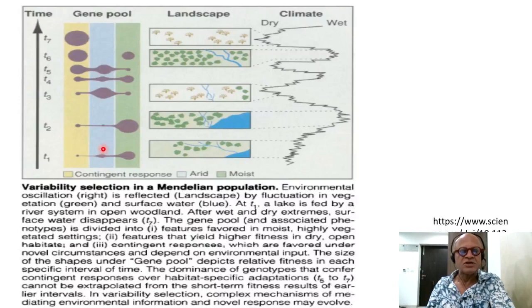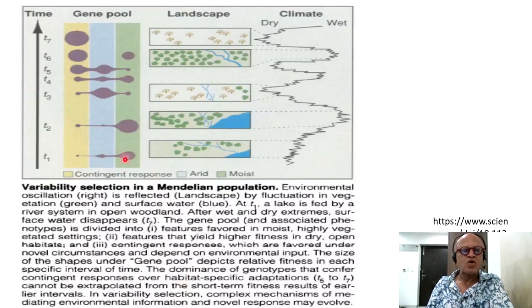Contingent responses, so dry and wet, so depending on the climate, the response will be accordingly favored, which are favored under novel circumstances and depend on environmental input. So more generalists than specialists. The size of the shapes under gene pool depicts relative fitness in each specific interval of time.